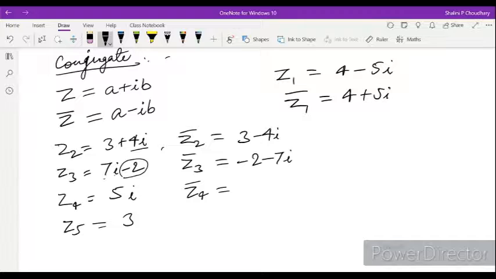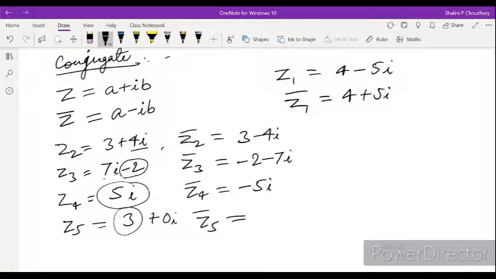Z4 bar: this is i, there is no real part, so the real part is 0, so 0 minus 5i, because the sign of 5i is plus, it will be minus 5i. Z5 bar, what will it be? 3 is a real number, there is no imaginary part here, and we have to change the sign of the imaginary part. If it is 3 plus 0i then it is 3 minus 0i, so there will be no change, it will be 3 only. Whether we do 3 plus 0i or 3 minus 0i, there will be no change. So the conjugate of Z5 will be 3 only.